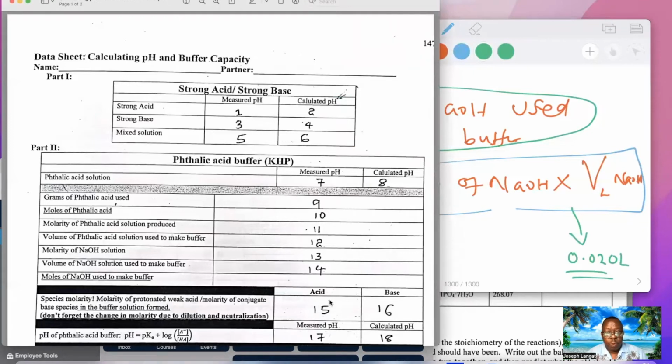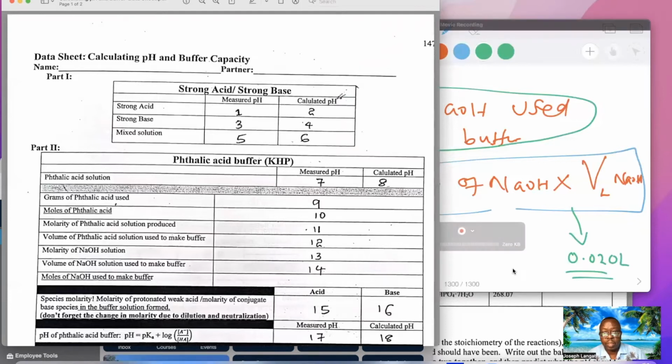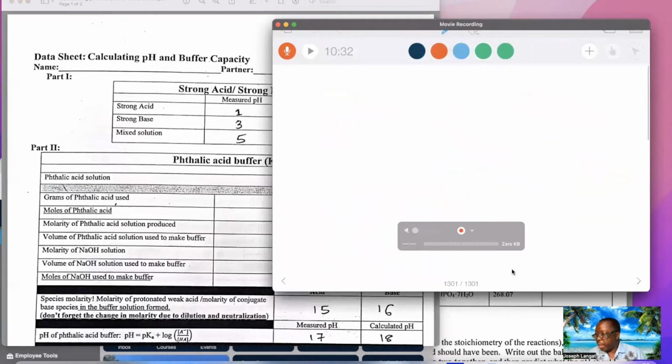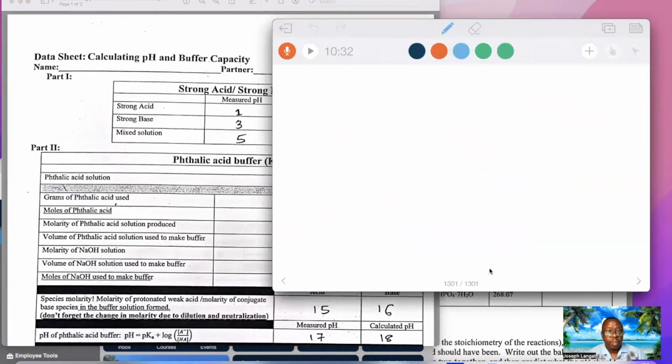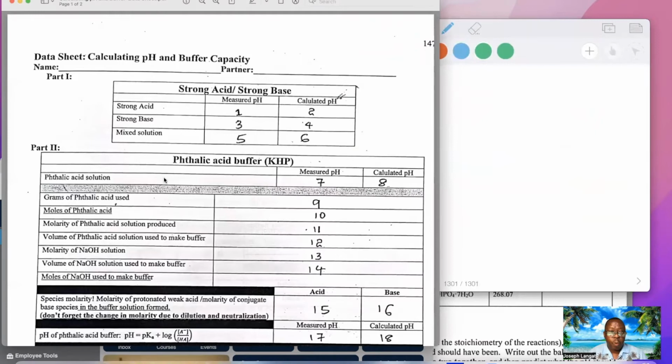With that, before we move on to 16 and 17, we need to calculate the pH. Of course, you have to use the pH meter for number 7, but for number 8, you are dealing with a weak acid, right? How do I know it's a weak acid?